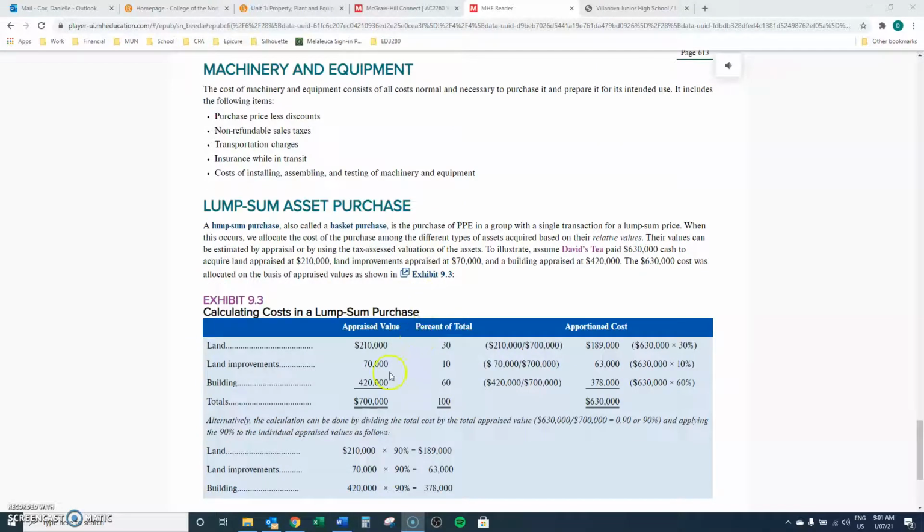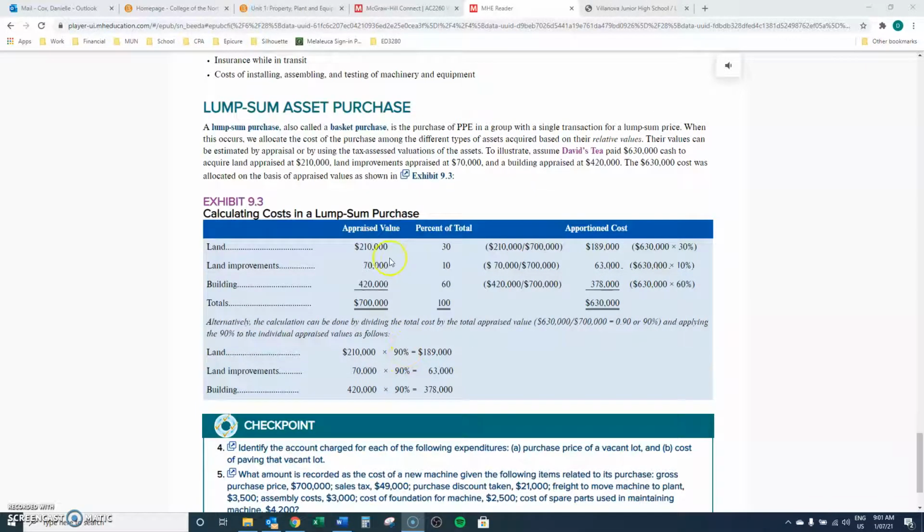If there's a lump sum, it walks you through an example of how to allocate the costs, and this is purely mathematical. Over here we're saying they paid $630,000 in cash, but how much is allocated to each of these three different categories? You base it on the appraised value of each one of them.